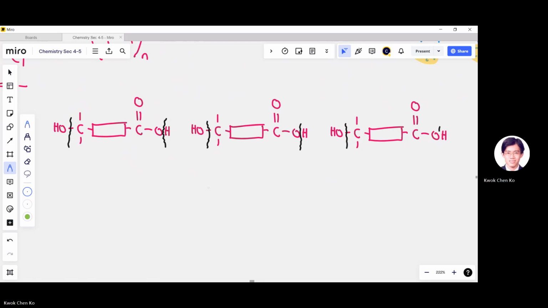Oh, hold on, I remembered wrongly. I was thinking of something else. Redraw. The bonds you break: here. Here. Here. It's important you know exactly where, unfortunately.